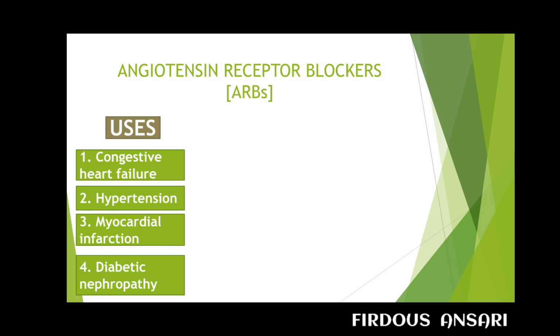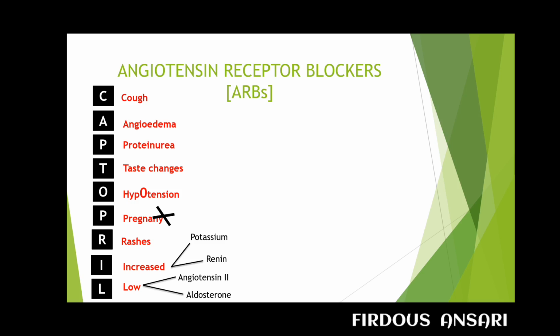Regarding the adverse effects, those of ARBs are also the same except the first two, since these adverse effects are produced because of bradykinin. Here ARBs will not inhibit the enzyme angiotensin converting enzyme. This enzyme converts angiotensin 1 into angiotensin 2, and it also causes metabolism of bradykinin. So everything is happening in its normal way, just the receptors are blocked.